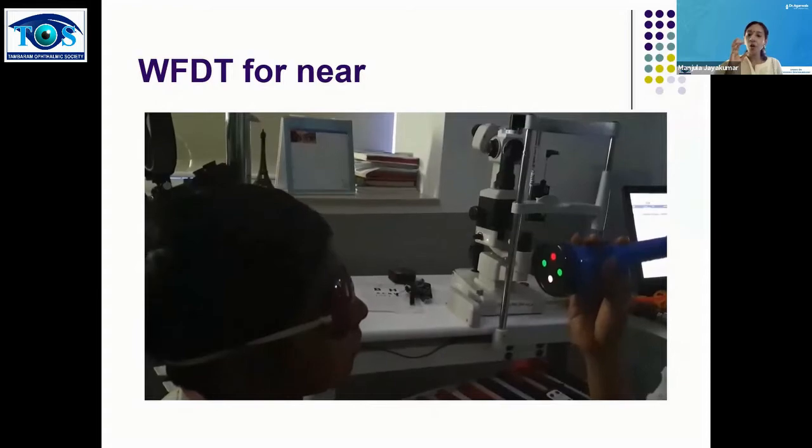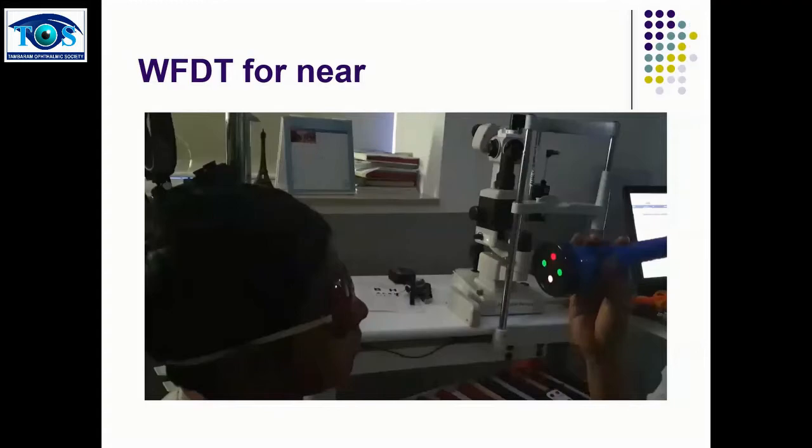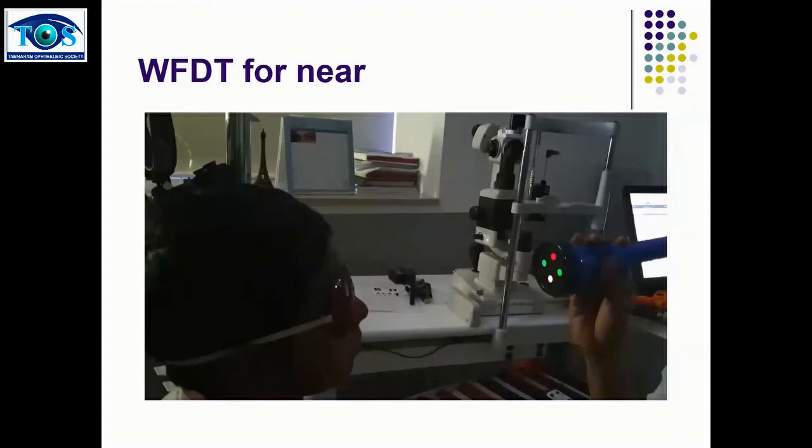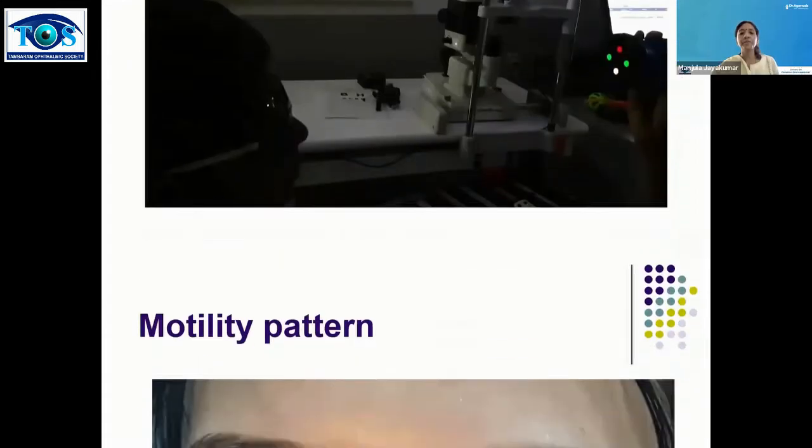He is fusing all the 4 Worth dots. So what is he doing? He is fusing because as I bring the torch closer, these lights are falling outside the suppression scotoma. He will not be able to fuse the distance Worth 4 dot. So this is again another interesting test which you do for microtropia.